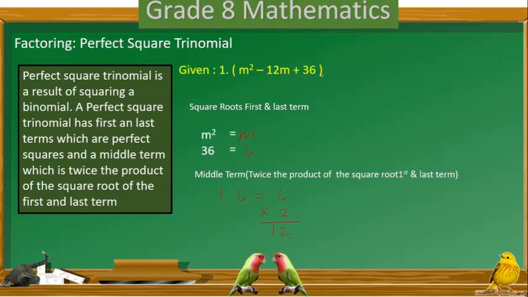When the given is a perfect square trinomial, you just copy the square root values of the first and last term, which are m, then copy the sign, negative, then 6, then raised to the power of 2. That is the factored form of the given polynomial. Simple.